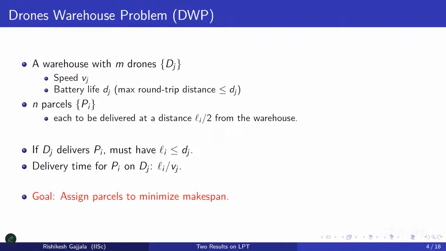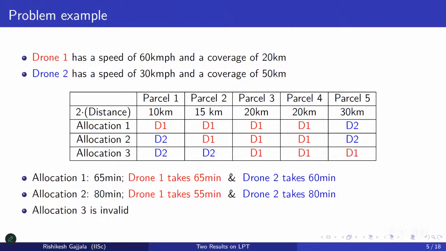Let's see a simple example so that it sinks in. Let's say you have two drones, and one of the drones has a speed of 60 kilometers per hour, and a 20-kilometer coverage. And the second drone could have a speed of 30 kilometers per hour, which is slightly slower, and a higher coverage. Let's say I have 5 parcels which are at distances 10, 15, 20, 20, and 30. One kind of allocation could be that the parcel which is at 30 kilometers can only be covered by drone 2. So let me just assign it to drone 2. And the remaining parcels, I could assign to drone 1.